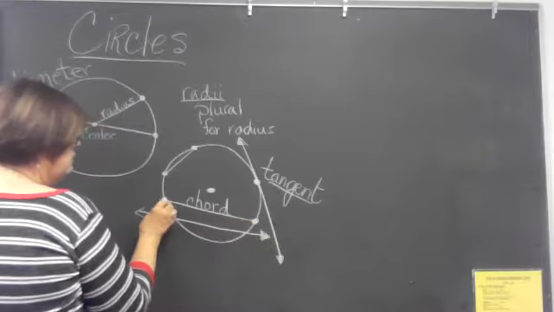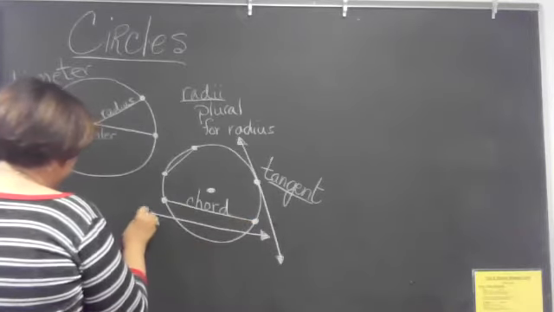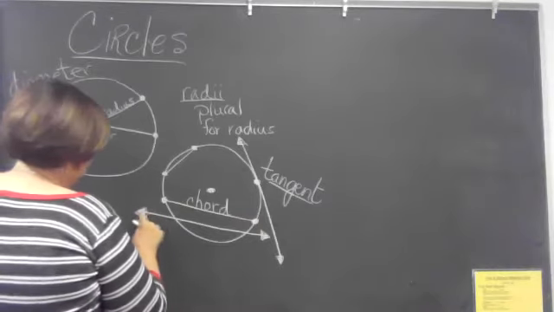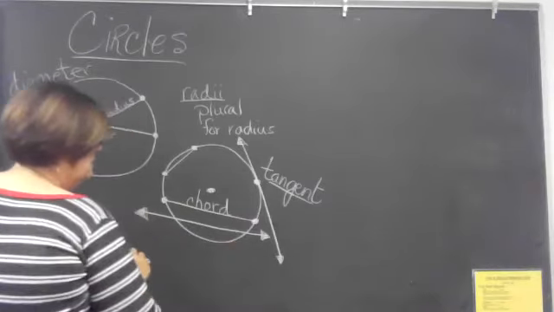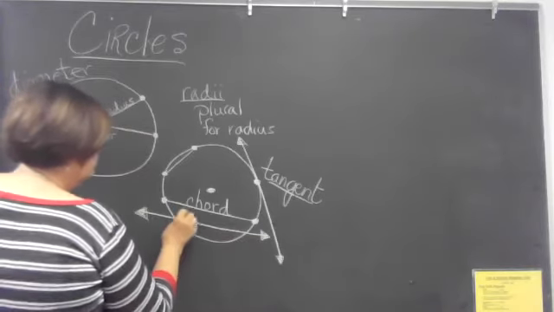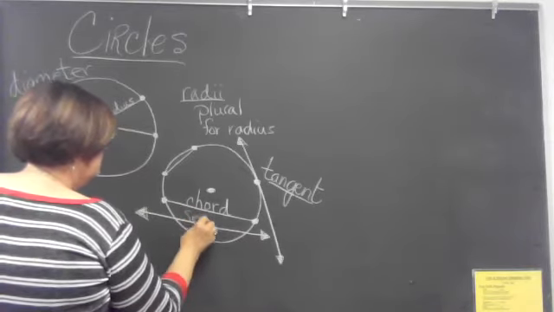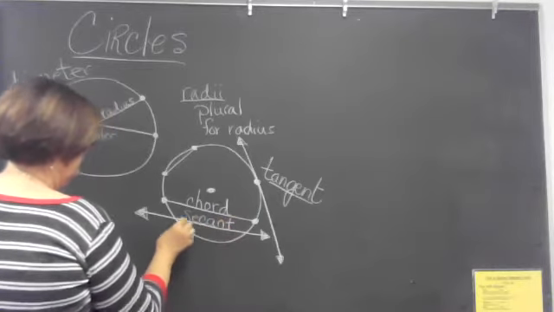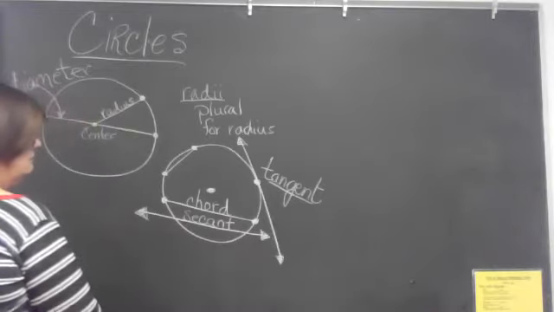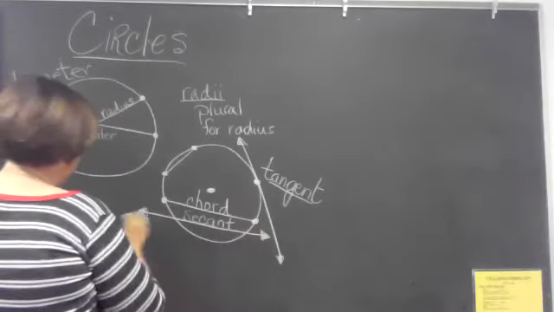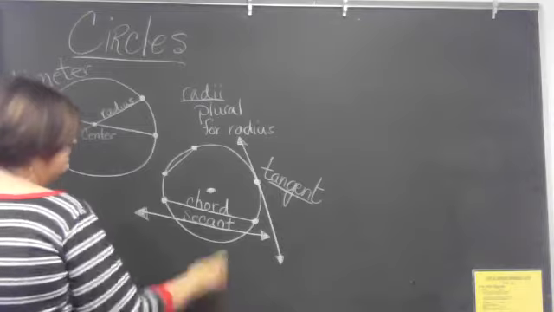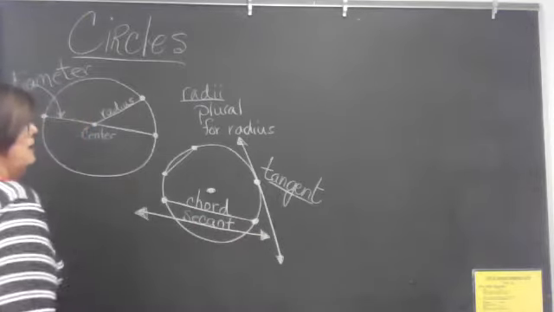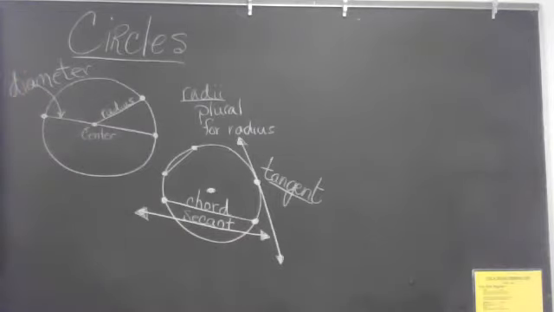This stops at the edges of the circle. This one continues on and on and on. So it's just exactly like a chord, but it doesn't stop. And this is called a secant. So the chord and the secant are almost the same thing, but the secant goes on forever. The chord stops at the edges of the circle.